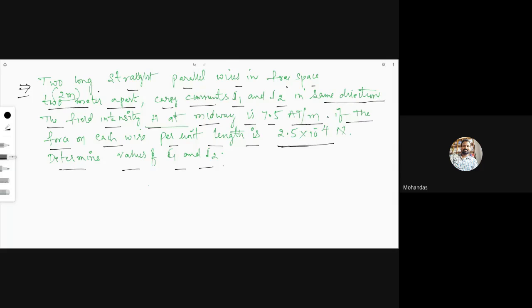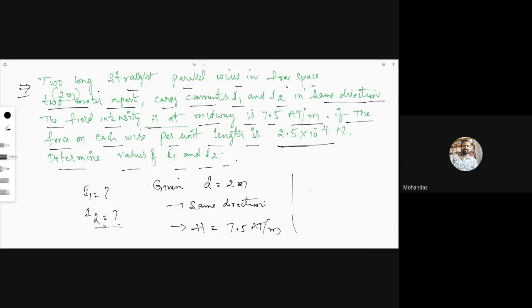And what is the given data? The distance is given as 2 meters. The currents are flowing in the same direction. The magnetic field intensity is given as H equal to 7.5 ampere turn per meter, and the force per unit length is given as 2.5 into 10 to the power of minus 4.